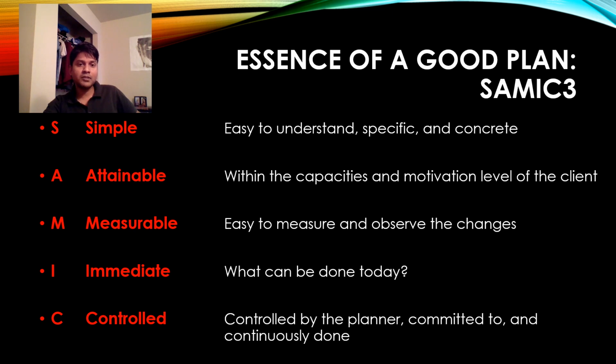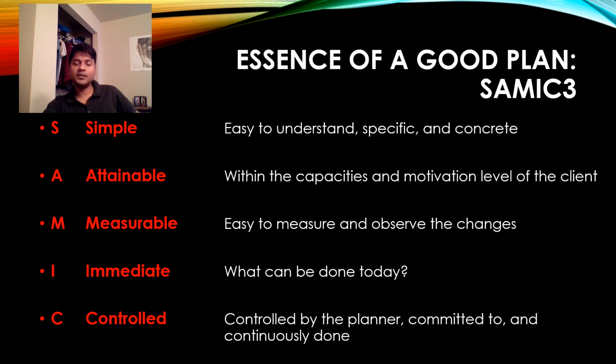There should be some way to observe the changes that happen after following the plan. The fourth one is immediate. The plan or the total behavior should be something that can be done immediately, what the client can do right now or from tomorrow.